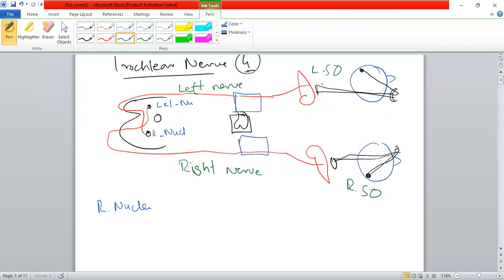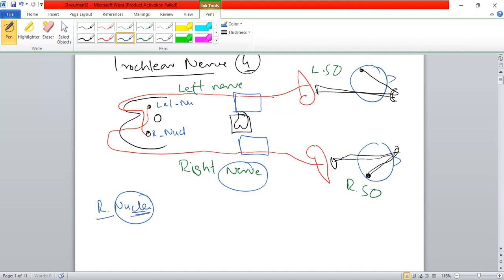Okay, so you have to make sure whether they are asking about the nucleus or about the nerve. If they are asking about the nerve, it's ipsilateral. There is no confusion over there. The right nerve supplies the right superior oblique. But if they ask you about the nucleus, then there is confusion.